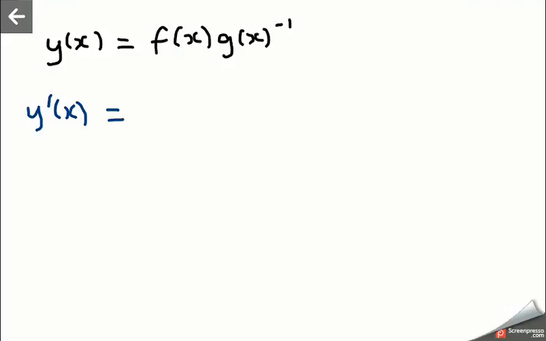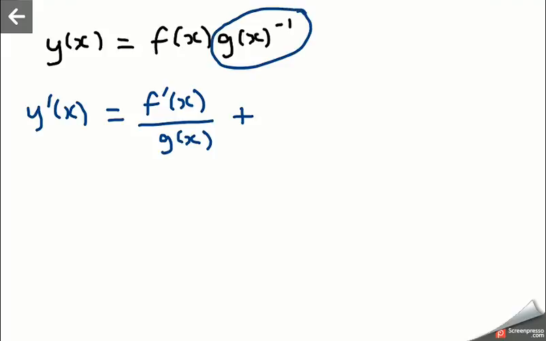So f prime of x times g of x to the negative 1. Well, g of x to the negative 1 is just a different way of writing divided by g of x. That's all good. Plus, now we leave the first one alone. We leave f of x alone and we differentiate g of x to the negative 1.